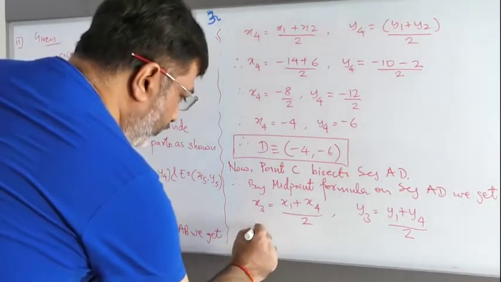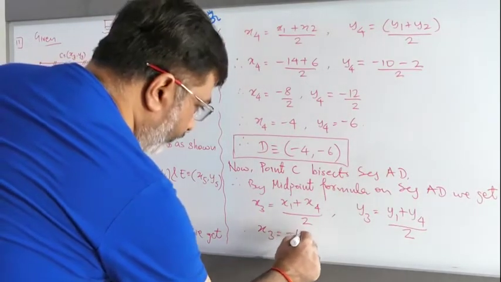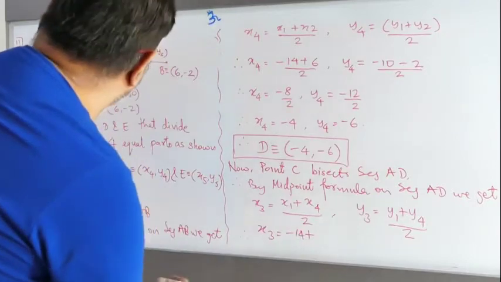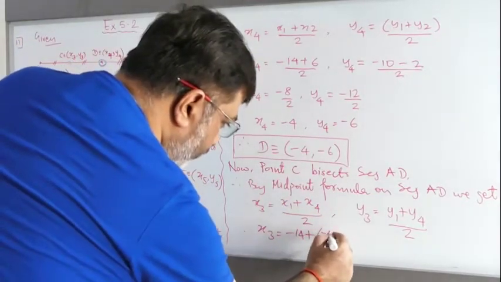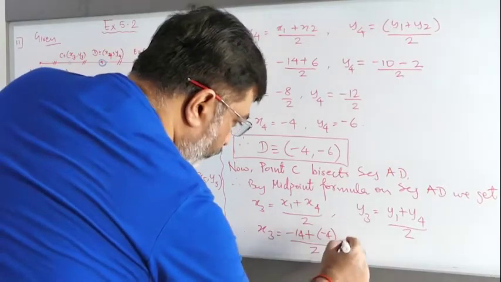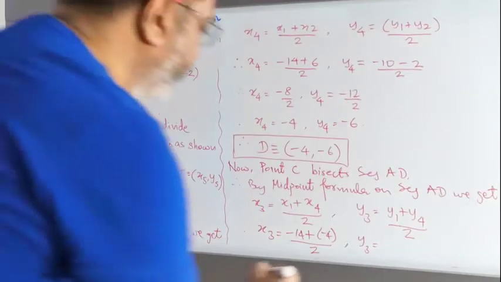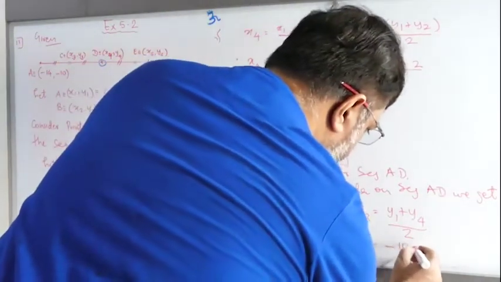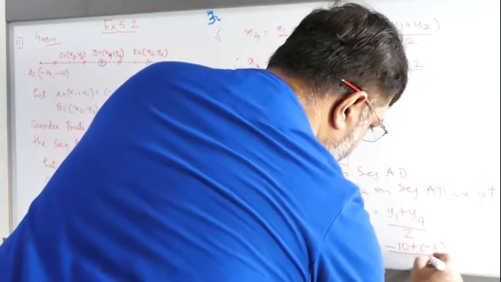Now when you substitute, what do you get? Therefore, x3 equals, what is x1? Minus 14. What is x4? x4 you will get from here, minus 4, upon 2. And y3 is equal to, what is y1? Minus 10. And what is y4? Minus 6 upon 2.